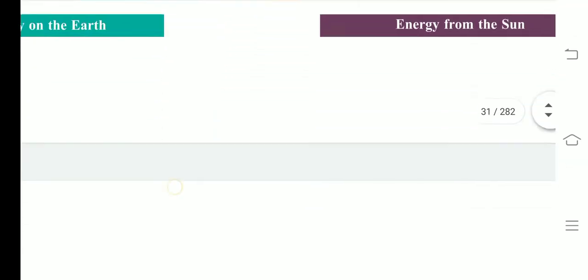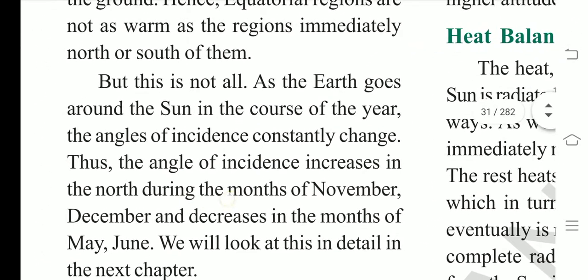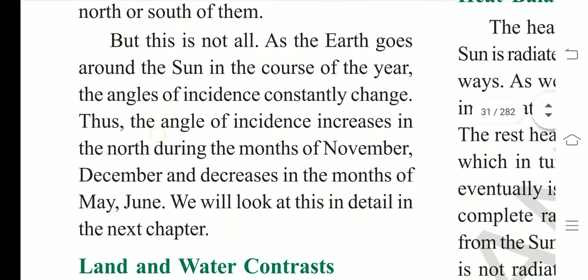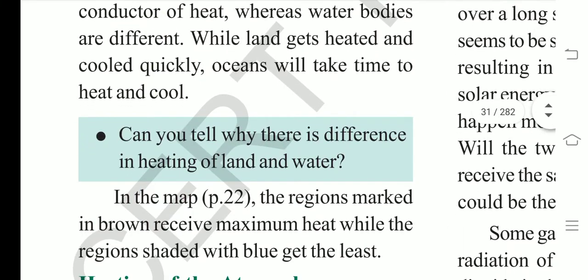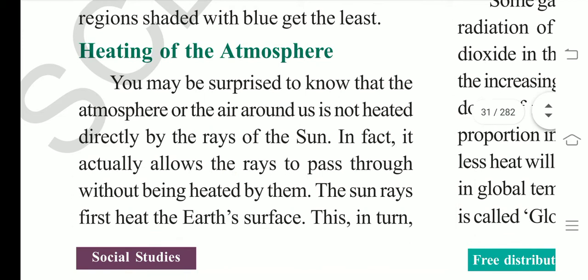When the earth becomes hot, the extra heat received by the earth is reflected into the atmosphere. That is called terrestrial radiation, right?